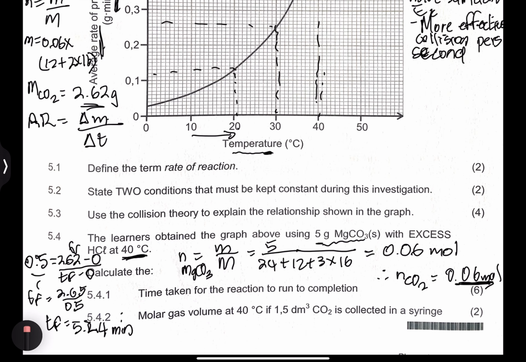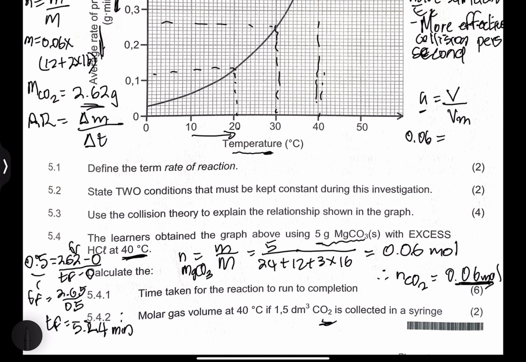Remember that the number of moles is the volume divided by the molar volume. We already have the number of moles of carbon dioxide from the previous question. We got that to be 0.06.